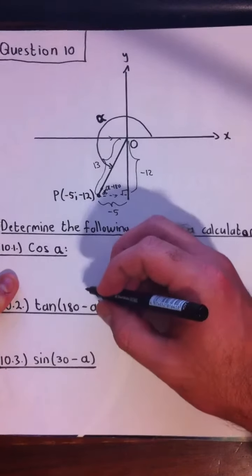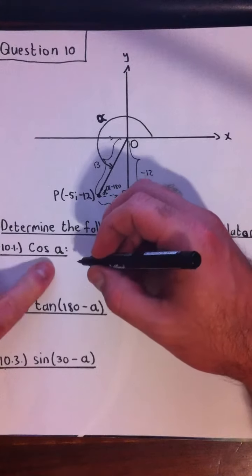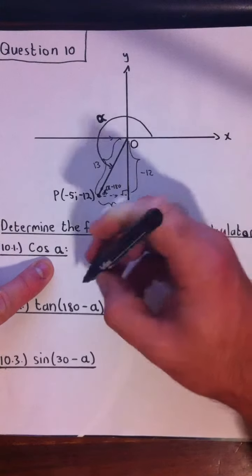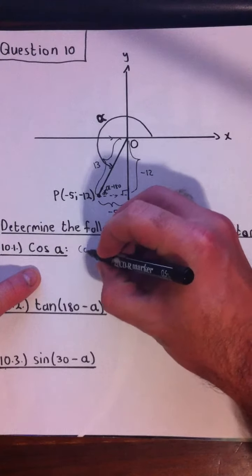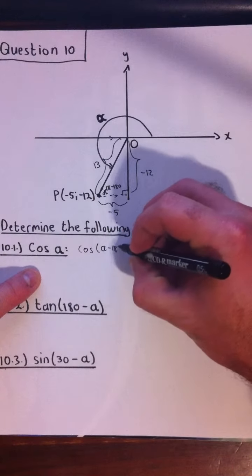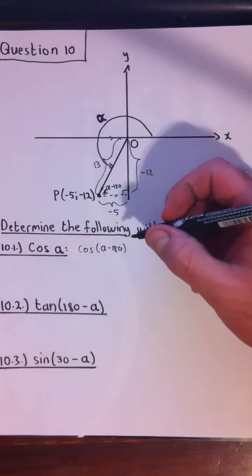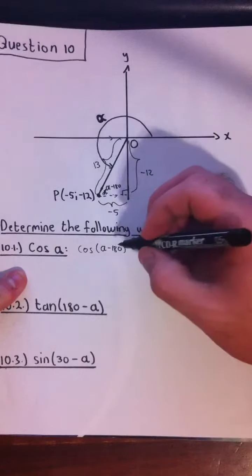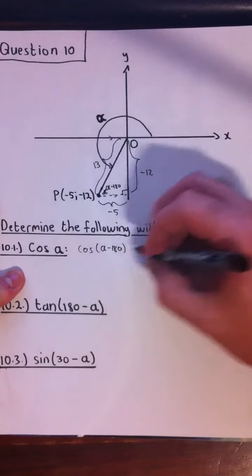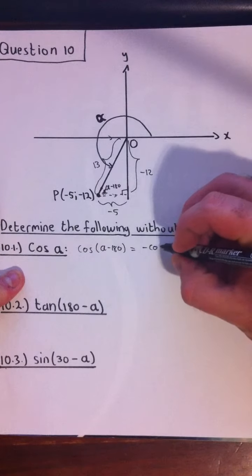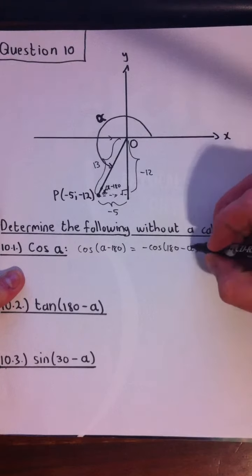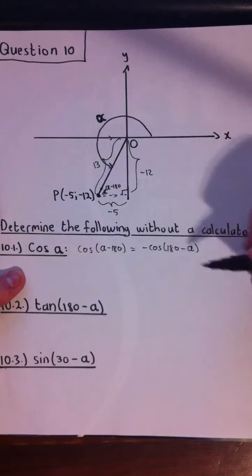Let's work with that. So we need to find cosine of alpha, but we only have that to work with in this triangle. So let's start by saying cosine of alpha minus 180. Here we know that we can take out a negative to change these numbers around. Factor out a negative and we're left with negative cosine of 180 minus alpha. What is 180 minus alpha?